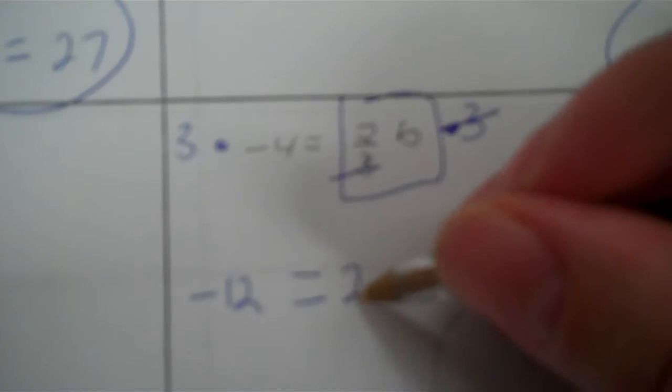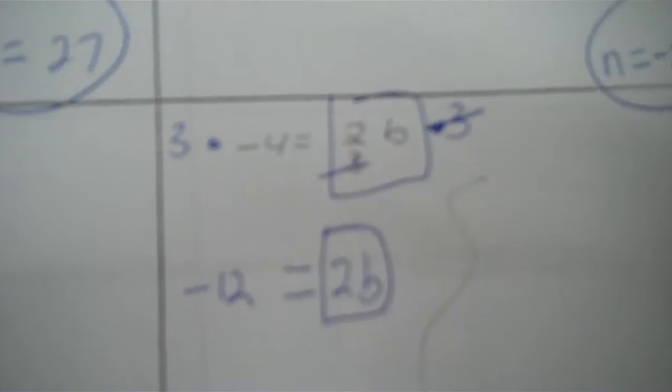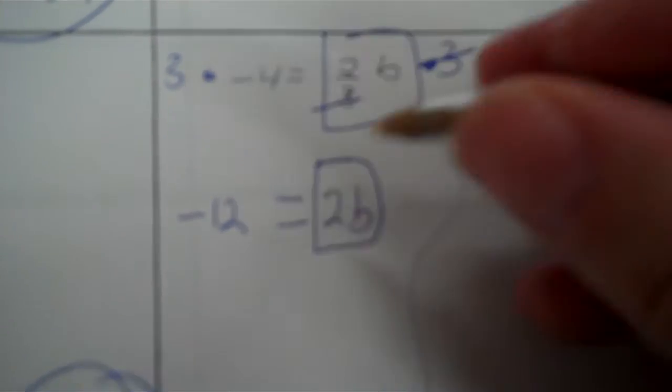So I have 2b. But because it's a 2b and not a 1b, we have to underline both sides and divide by 2. -12 divided by 2 is -6. And over here we got b. b equals -6.